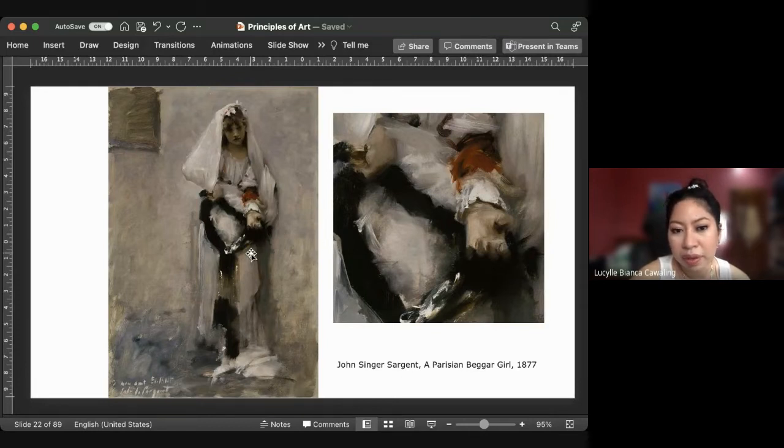For example, this is a painting by John Singer Sargent, Apparition Beggar Girl in 1877. If you could see how the color or the color and the brushstrokes can bring out the contrast.